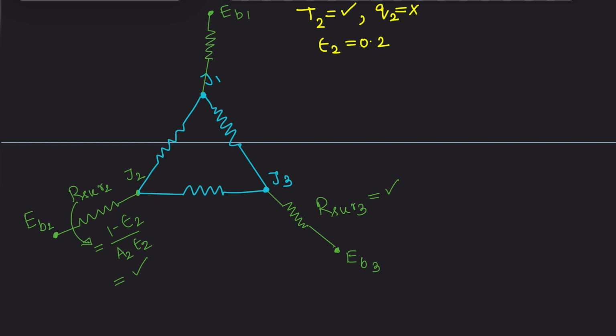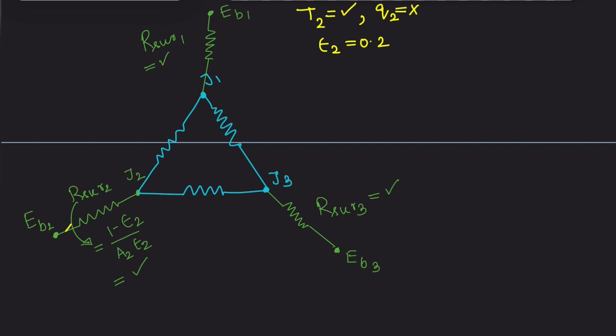Okay, and here it will be R surface 1. This is also given because I know epsilon 1 and A1. So all these things are given. Now I have told you that this is not a complete diagram.